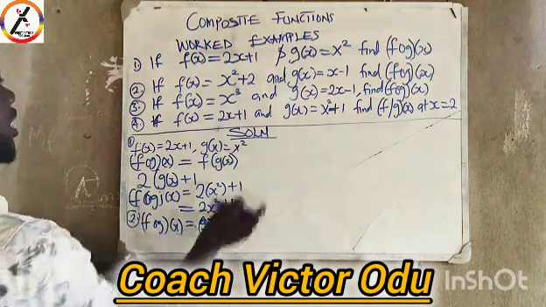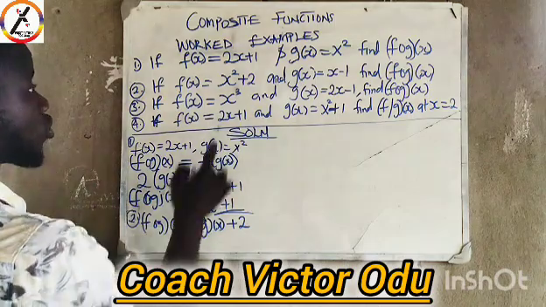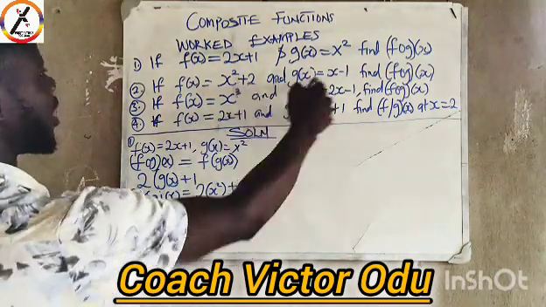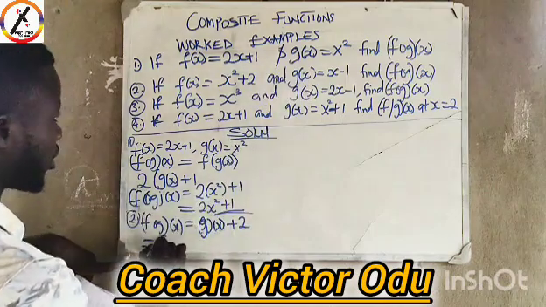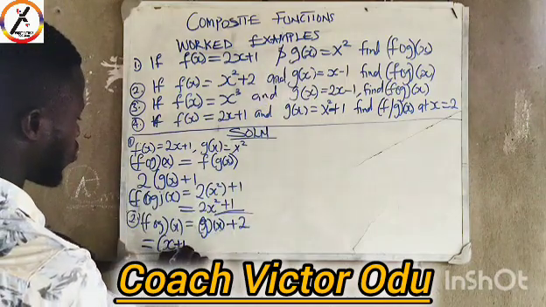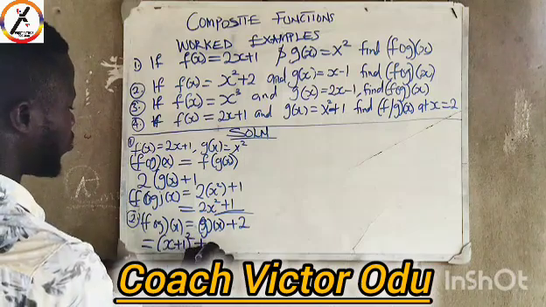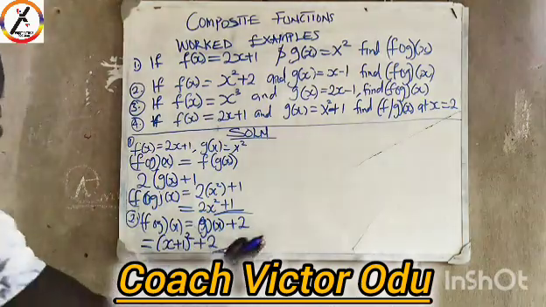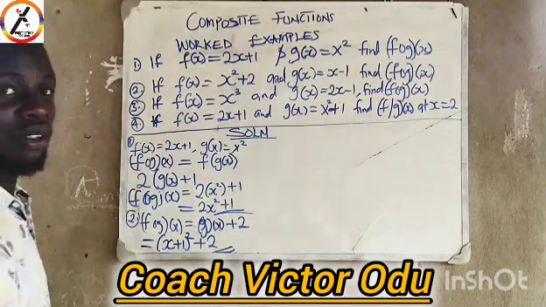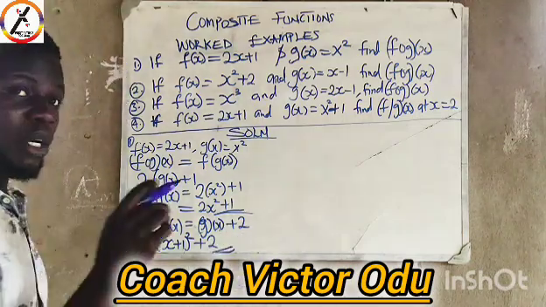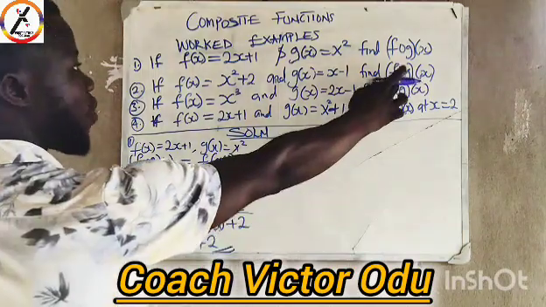That's putting it inside this equation. So when we solve it together, putting this into here, we're going to have x plus 1 all squared plus 2. Of course, if you wish, you can spread it and get the solution, but I prefer to leave it at this point. Please note what we are doing. We are asked to find f of g.